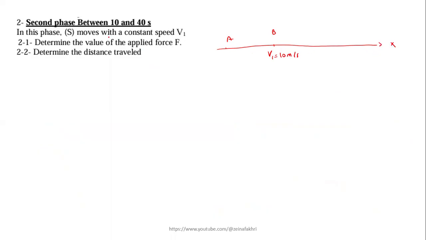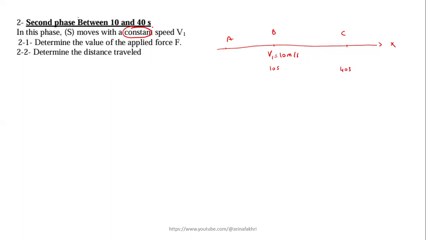But we have to pay attention, here it's 10 seconds, while it reached, for example, point C, let's suppose point C here, at 40 seconds. How much time did it take? We notice that 40 minus 10 means it took 30 seconds from B to C. So this is the duration. Now, it moves with a constant speed of V1. First thing we notice is that it's with a constant speed.